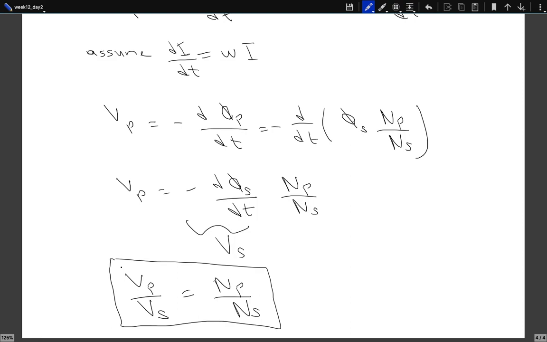You just make a transformer whose ratio of turns is 10. Or if you want to reduce the voltage by a factor of 10, again, just use the same transformer. You can step up or step down the voltage, depending on your needs.